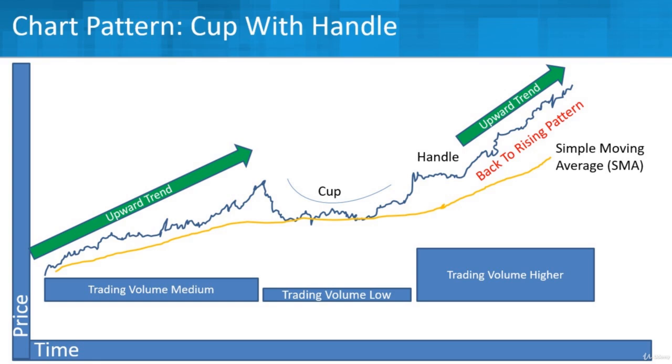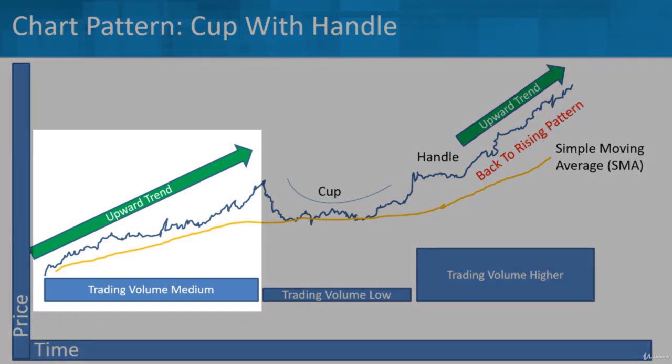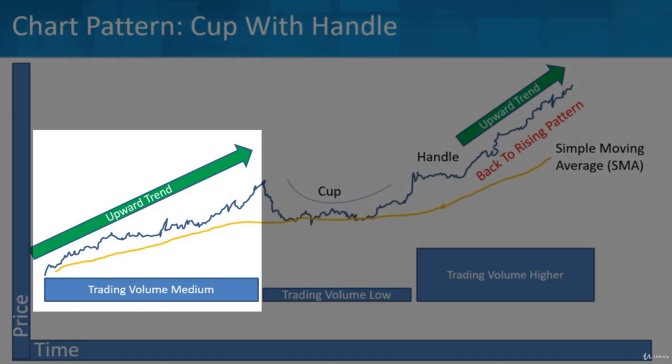First off, let's start at the very far left. We've got to have an upward trend, right? As you can see here, the general direction, if we were to draw more specific trend lines, you can see that the slope is upward, the prices are getting higher. There's an upward trend. And then you can see the trading volume at the bottom, a medium trading volume that you'd see looking over the history of the prices for your security.